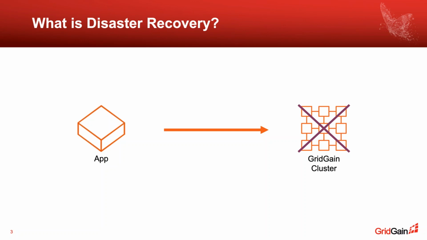For example, the data center in which this system is located crashes or loses power or anything like that. In this case, we want to restore the ability to provide the service to our applications and to our users as quickly as possible with as few consequences as possible.